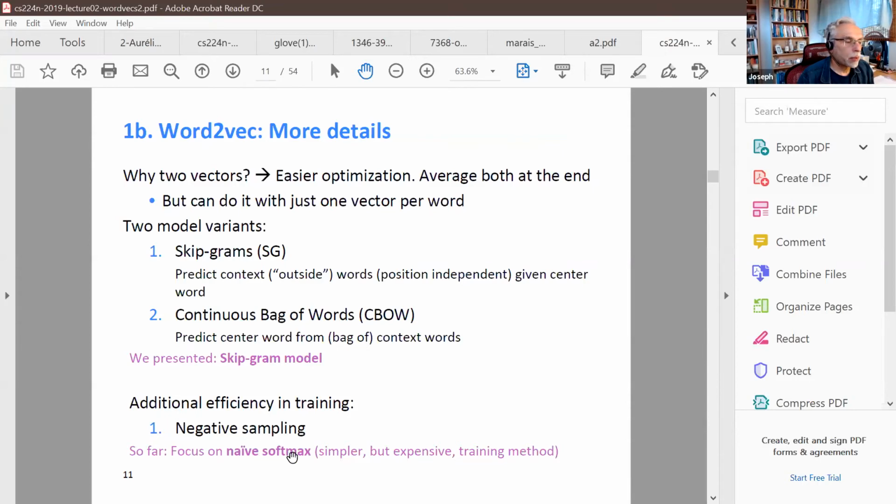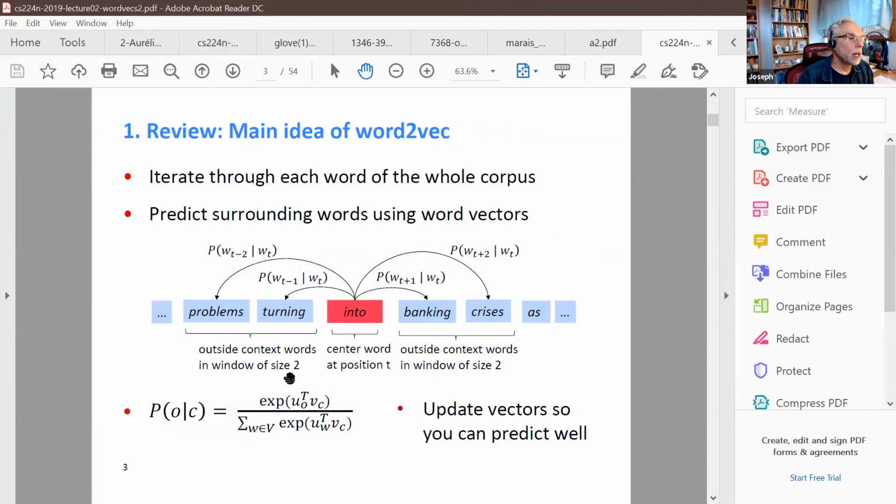So far we talked about naive softmax, but there's this technique called negative sampling. If you go back to this expression of the softmax, it's very difficult to compute because you have to compute the denominator here, which requires the entire data set.